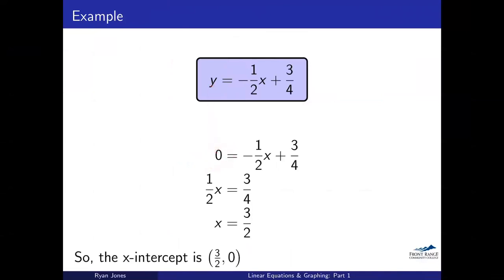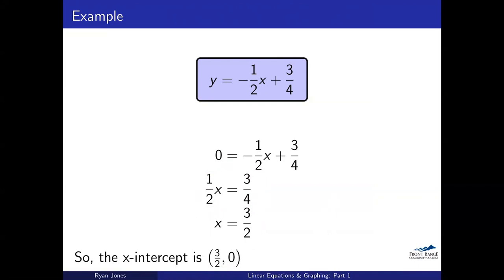And when we do that, we're going to add 1/2 x to both sides, and then I'm going to multiply both sides by 2, and that turns that 3/4 into 3/2. So that's our x value. That gives us our x-intercept of (3/2, 0).